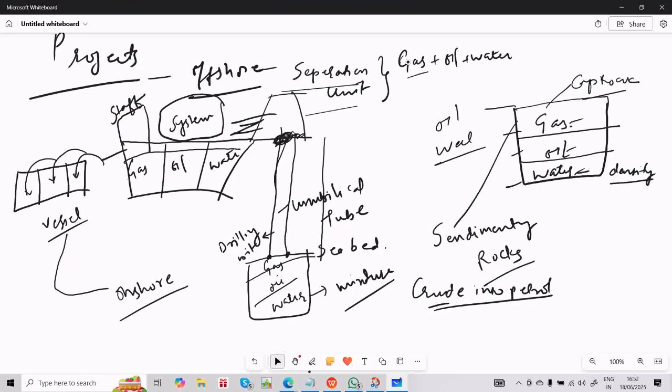From there, once the tank is full, it is offloaded to the onshore for further processing, as required, for example petrol, diesel, petrochemical purposes. Okay, so now you understand how this offshore thing works, right?